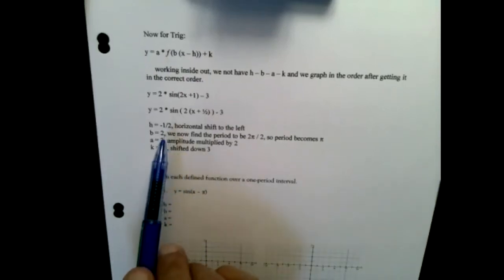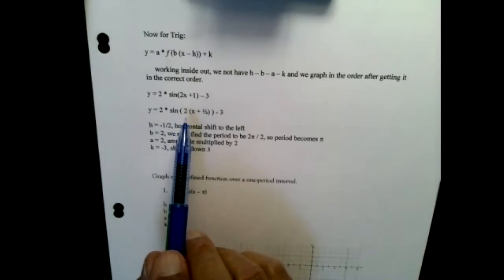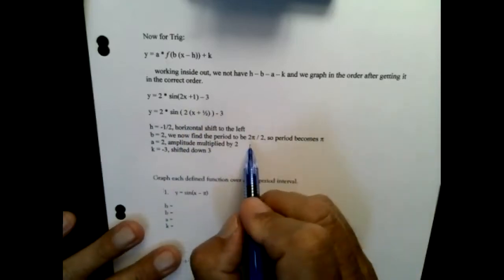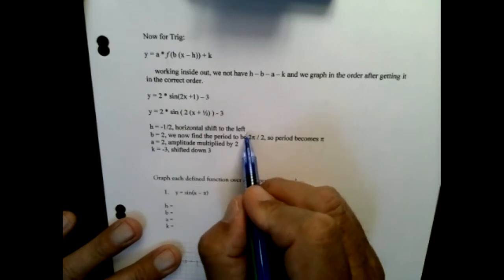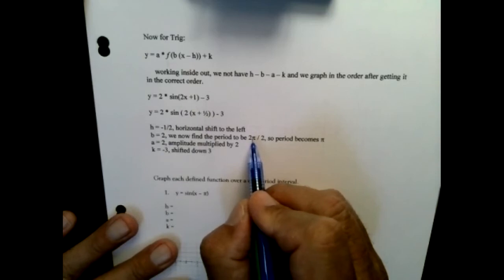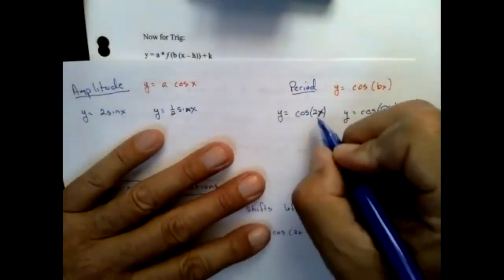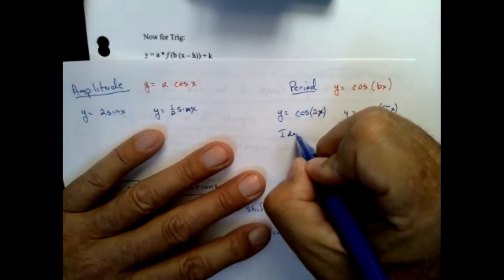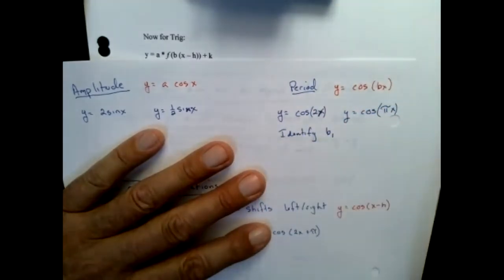Okay, how does the B work? Well, the B in this case is 2. And when I find B, it affects my period. What I need to do is say, okay, if B is 2, my period is going to be the original period, which for sine is 2 pi, divided by B. So up here, identify B. Okay, that's the first step.